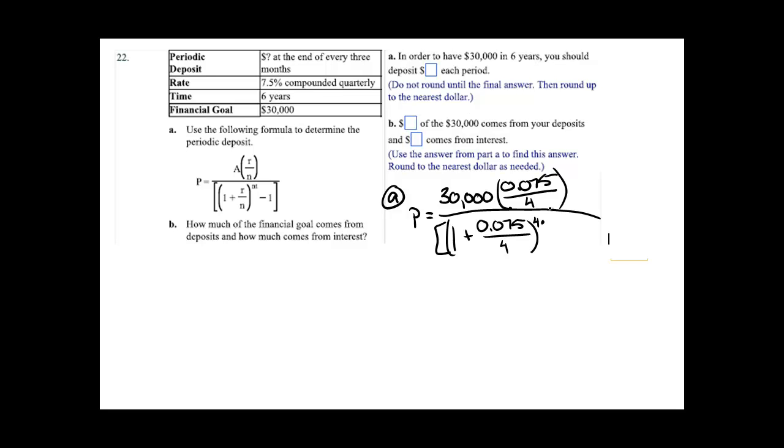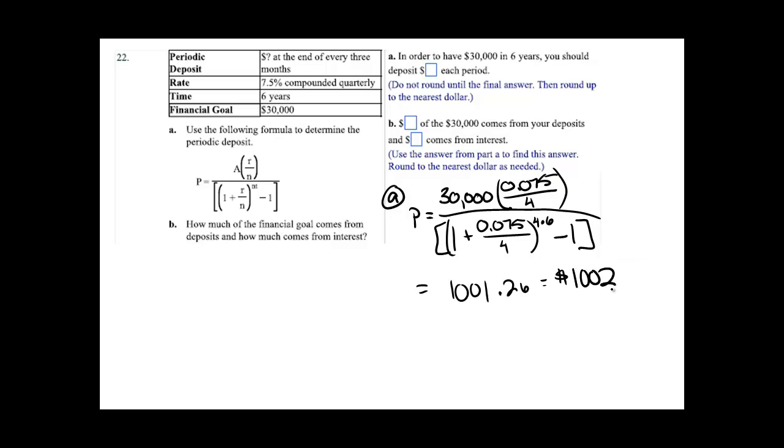We want to do it in 6 years, so our t is 6, minus 1. If you put all of that in your calculator, you'll get 1001.26. Our directions say to round up to the nearest dollar.